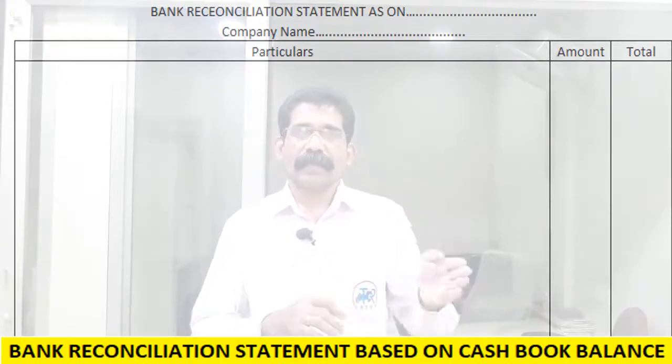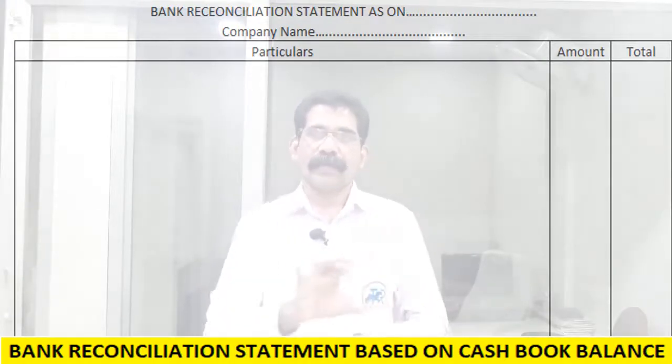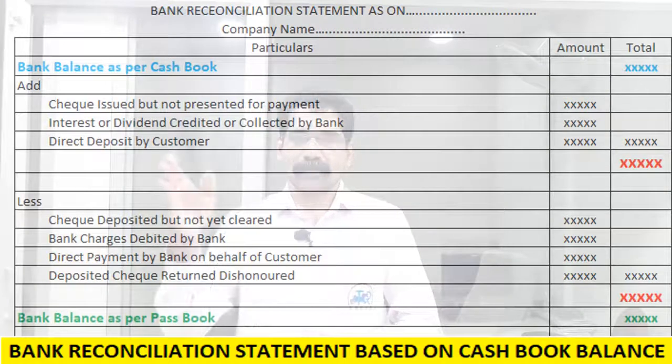Then show the deducting figures. We can also narrate the reasons. Show the figures in the inner column and take the total to the outer column. Less the total amount from what we have received. The difference, the final amount, will be as per the cash book balance or as per the passbook balance. So in the next class, we can do a problem.